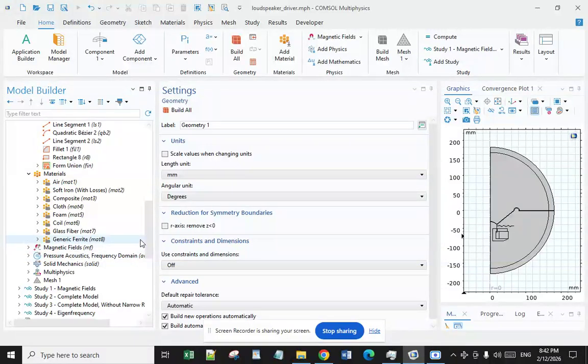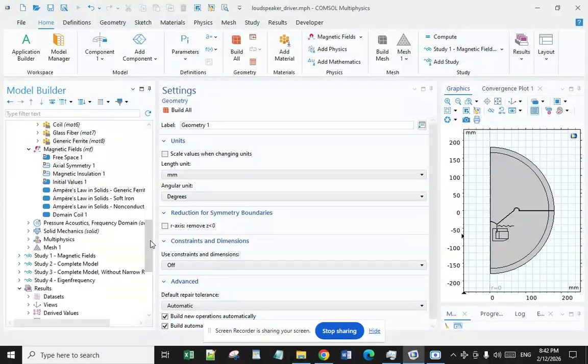And the physics modules that we have used are three different modules: magnetic fields, pressure acoustics frequency domain, and solid mechanics. Solid mechanics because we want to measure the acoustic pressure that makes a stress and a strain on our geometry.